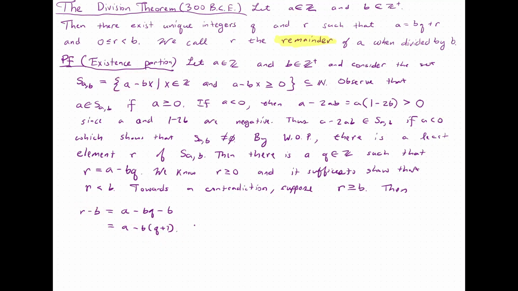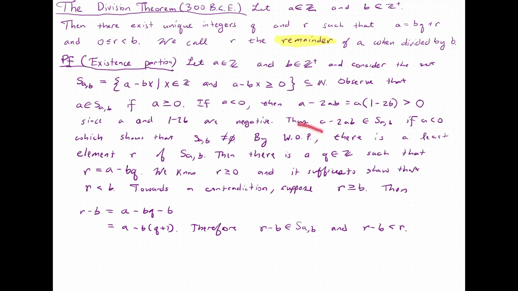So therefore, r minus b is in S(a,b). And r minus b is strictly less than r. But this is a contradiction, because we said that r, by the ordering principle, was the least element.